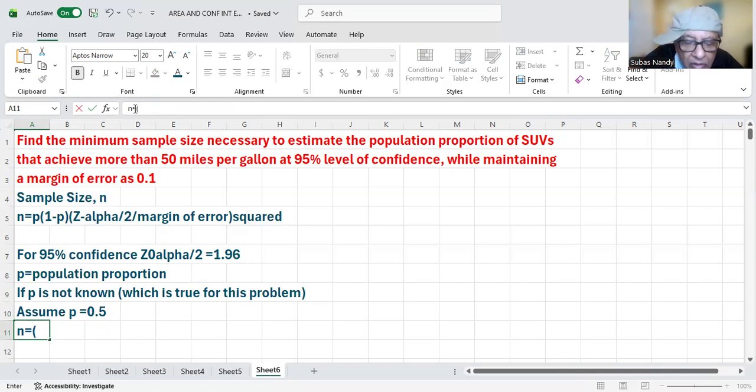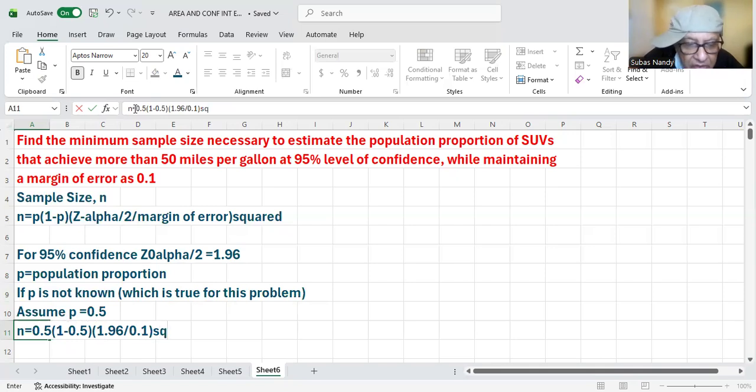0.5 multiplied by 1 minus 0.5, then in parenthesis 1.96 divided by margin of error, which is given to us as 0.1, and we square it.